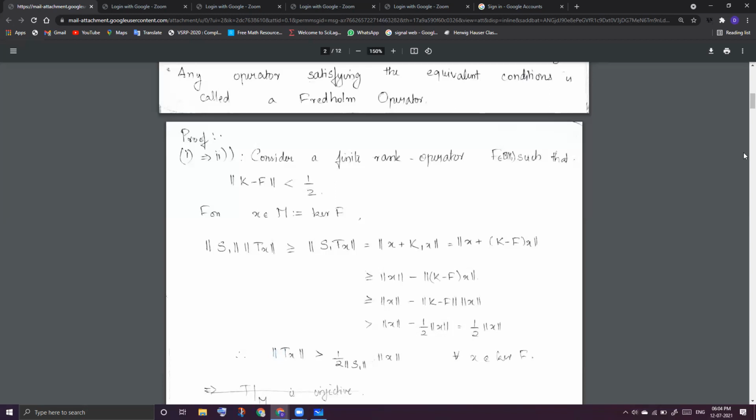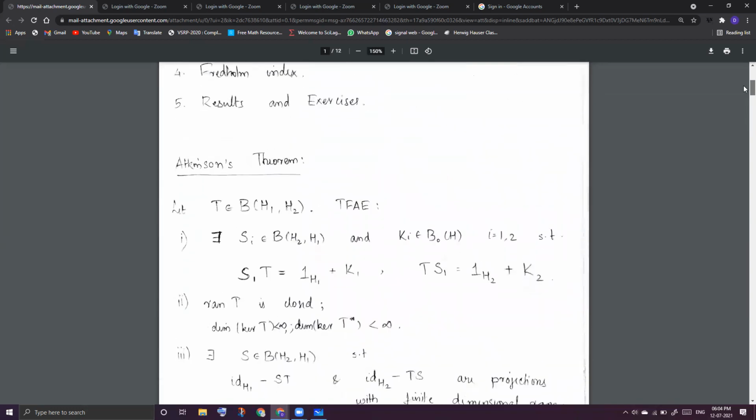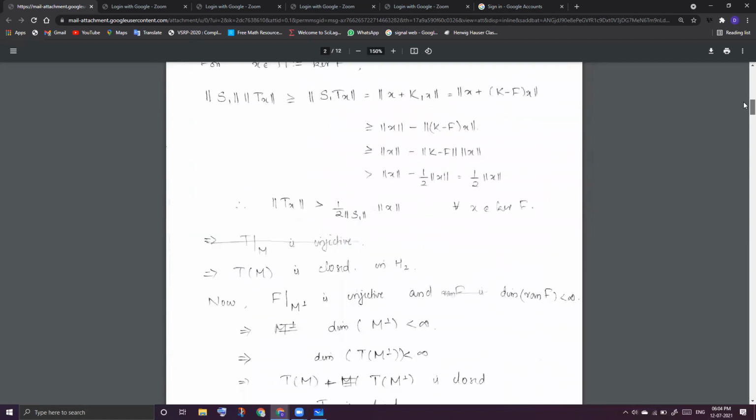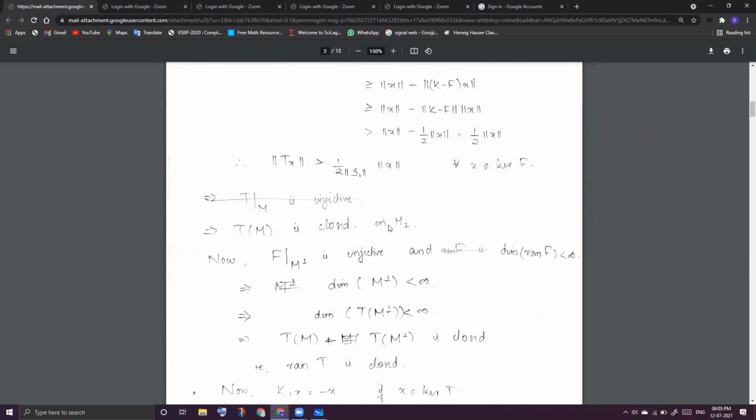Since it is bounded below, the image is closed, a result we have proved in class. So T of M is closed in H2. Now F restricted to M perp, where M was the kernel of F, is injective, and the dimension of the range of F is finite because F was a finite rank operator.